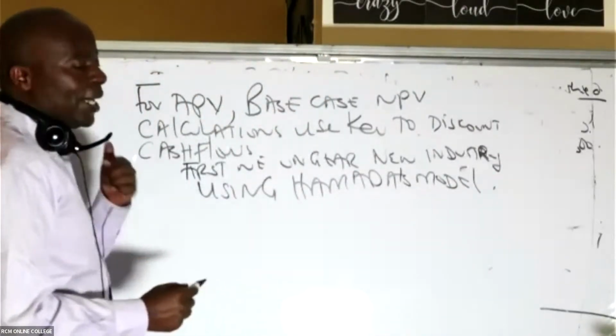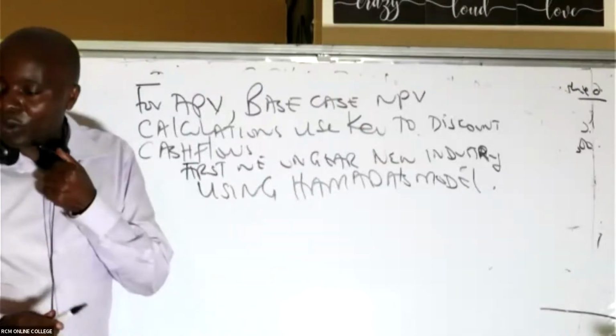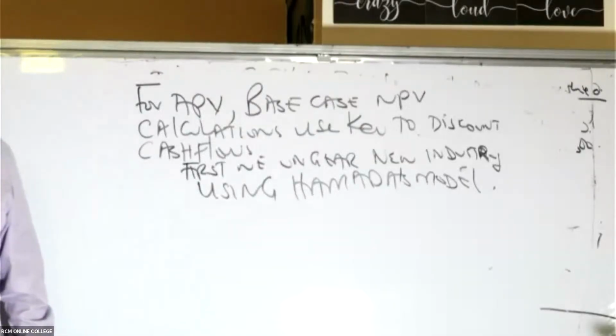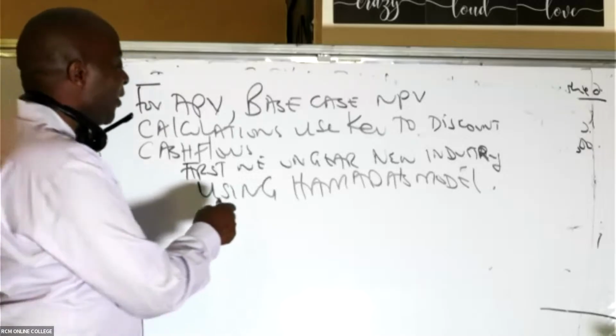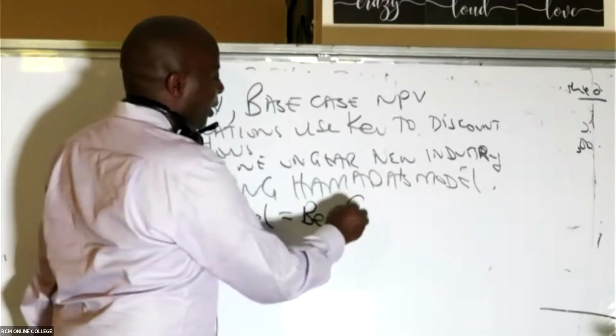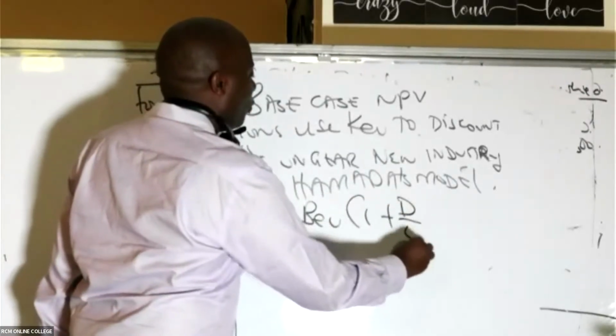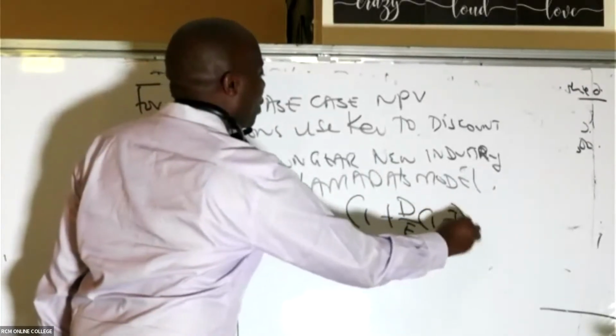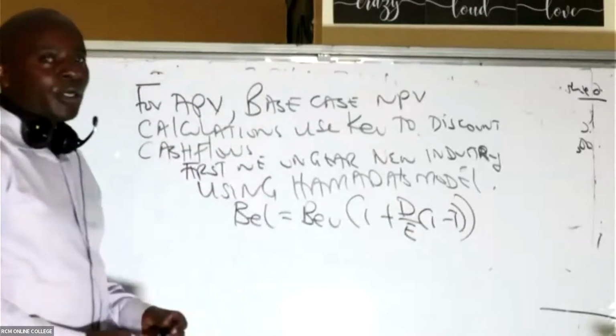And we know how Hamada's model looks like: beta equity equals beta unlevered into 1 plus D over E less tax.